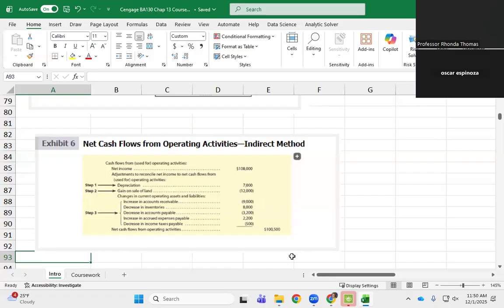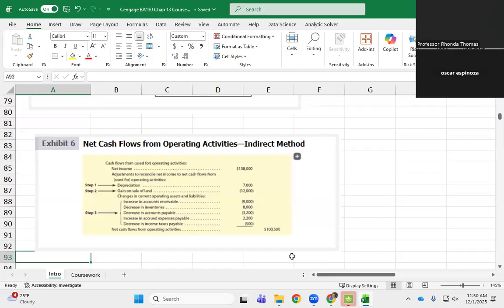Okay? The next one is a decrease in accounts payable. So that's this one. Our decrease in accounts payable is $3,200. And then we had an increase in accrued expenses payable. That's another current liability.